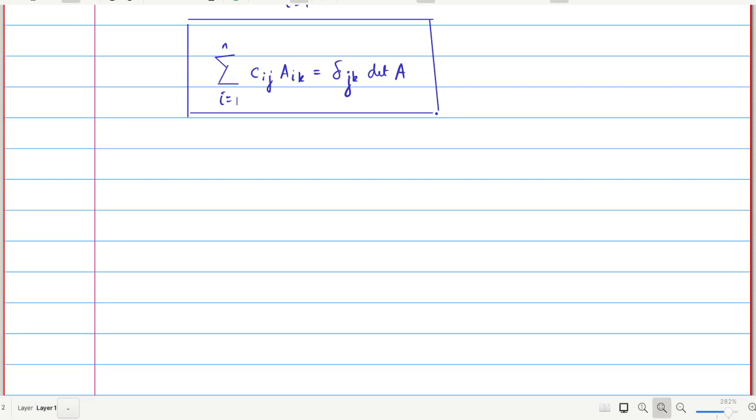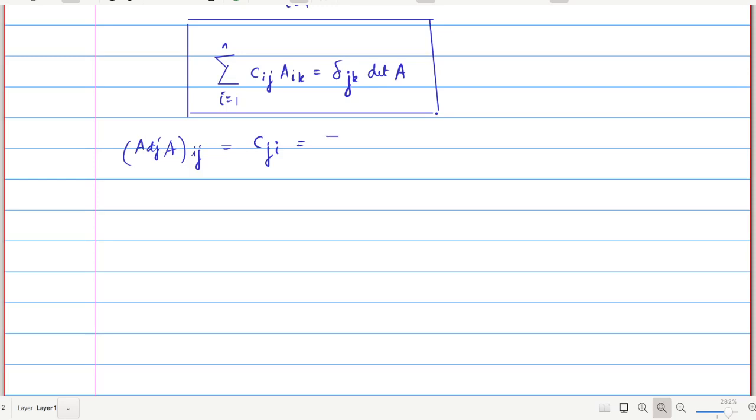Using this, we define the classical adjoint of A. The ijth entry of the adjoint of A is defined as C_ji. We have defined C_ij equal to minus 1 to the power i plus j, times the determinant of A_ij. Here we have C_ji.